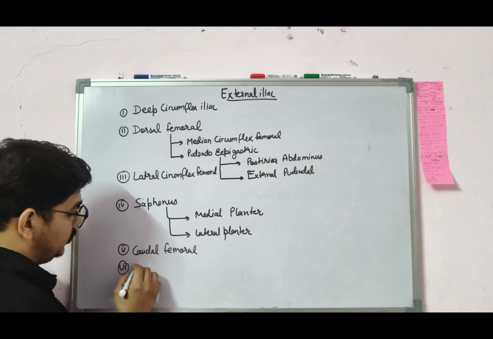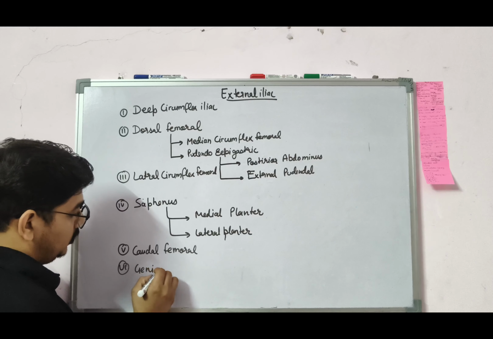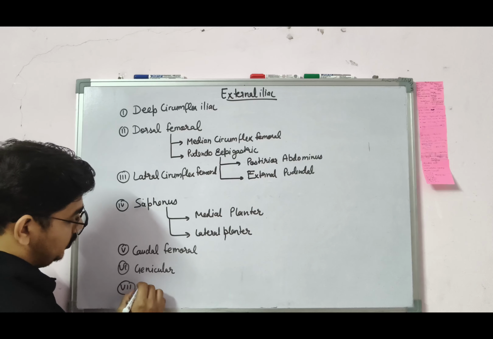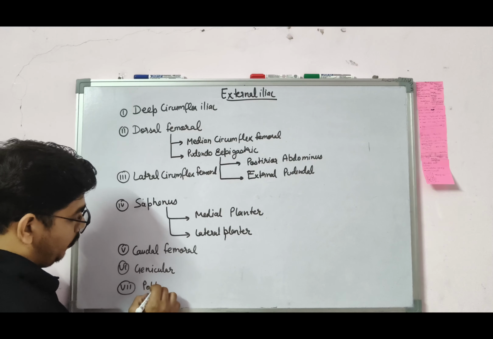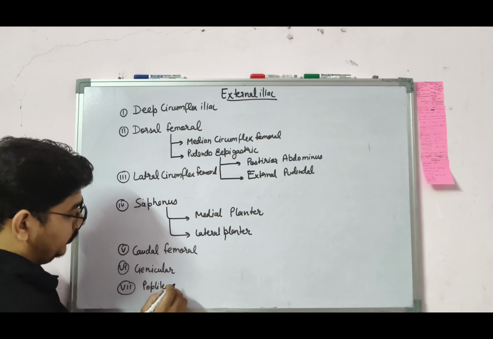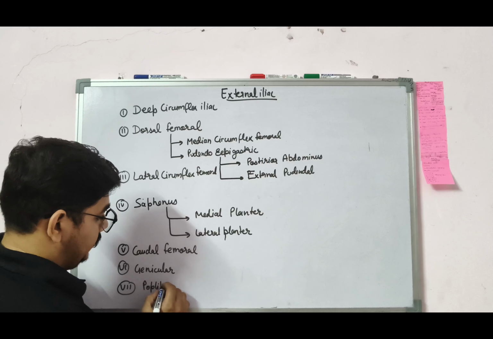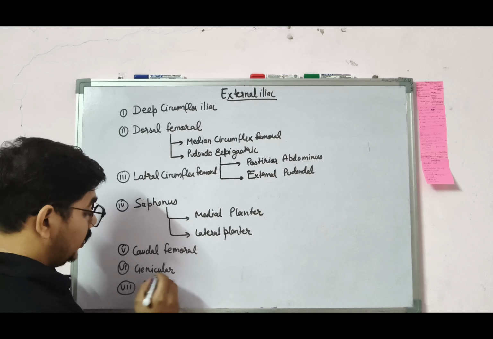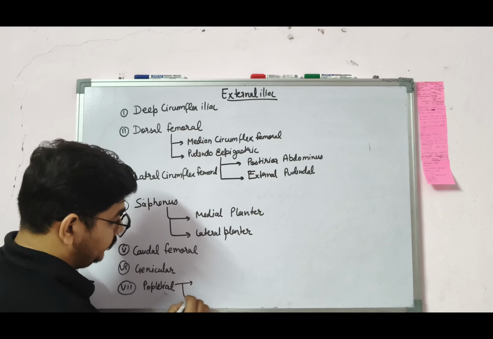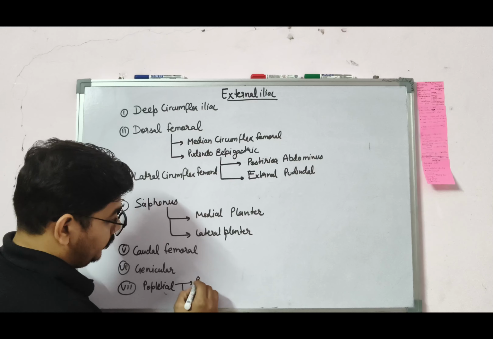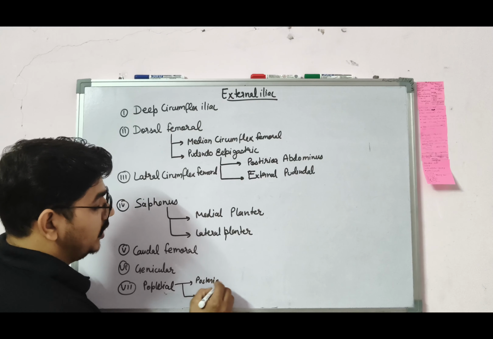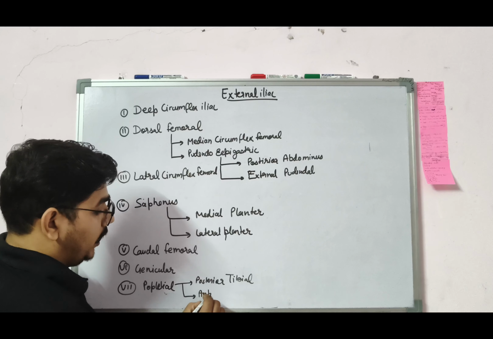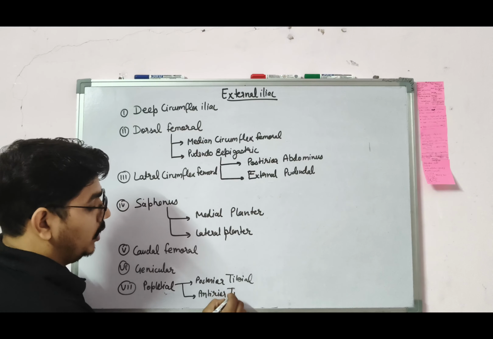Sixth branch is genicular. Seventh branch is popliteus or popliteal. The popliteal gives two branches: posterior tibial and anterior tibial.